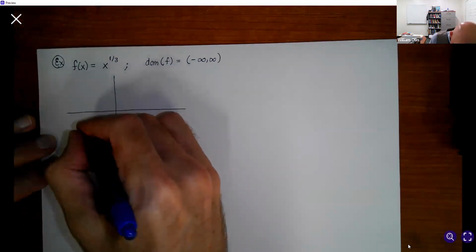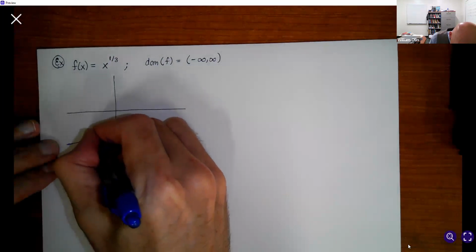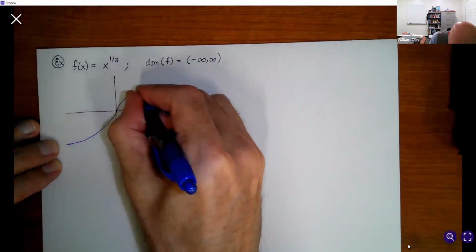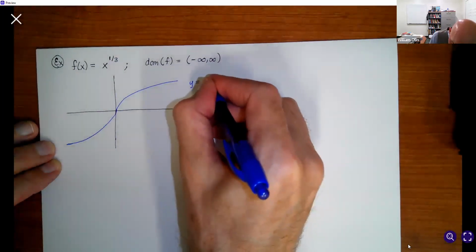And it has an interesting shape. I mean, just kind of an approximate shape here. So we have y equals x to the 1/3.